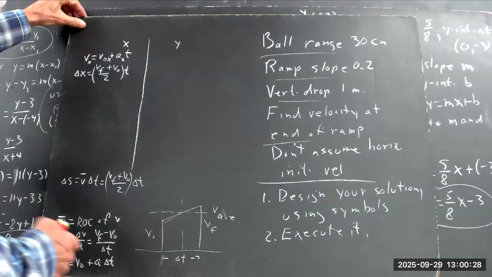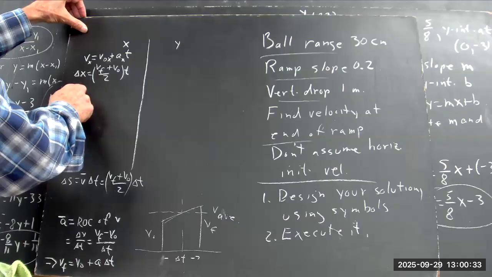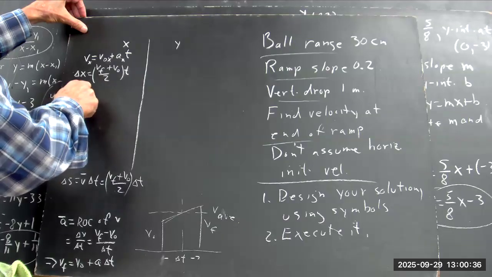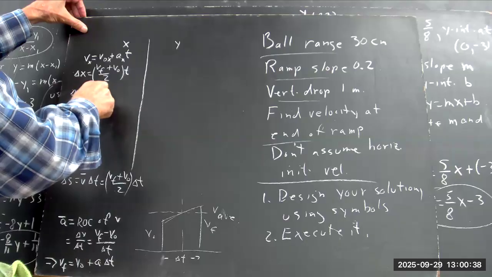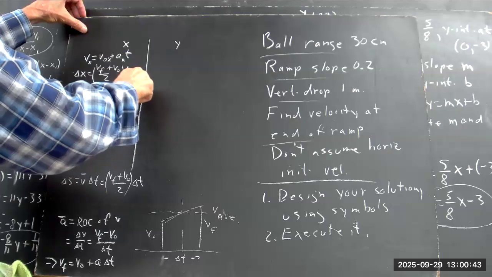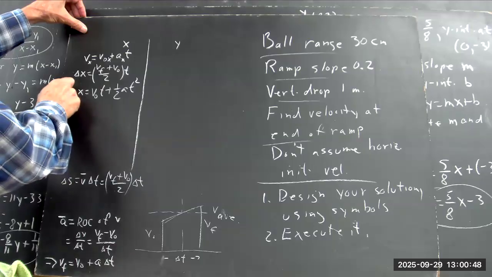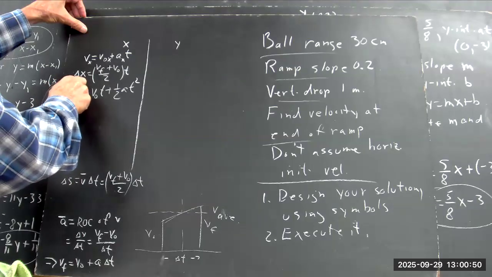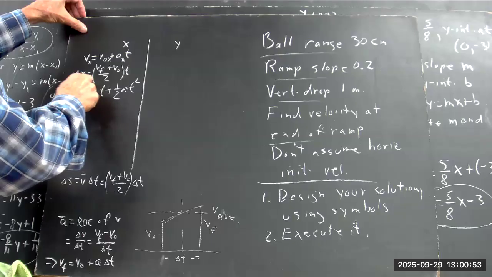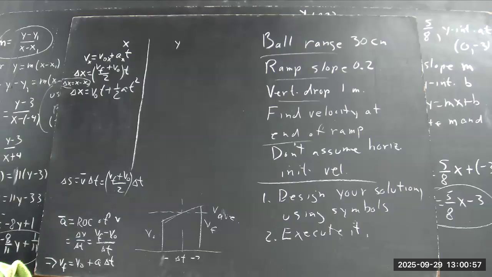Then we get two other equations. Now, in both of these cases, again, delta x is x minus x naught. You can put the x naught over there if you want, your textbook does.